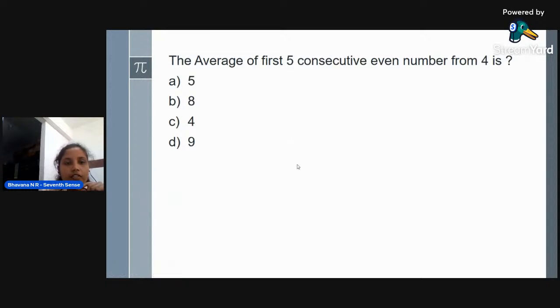The average of the first 5 consecutive even numbers means we have to write the first 5 even numbers and find the average of that. So comment in the comment section, just answer.